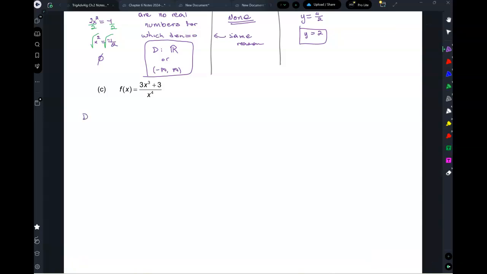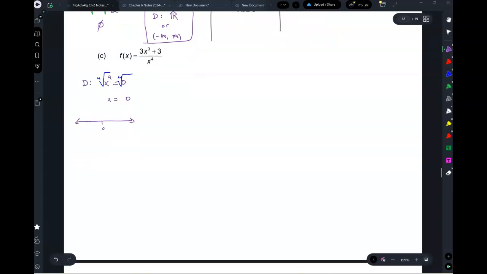Okay, here we go. Domain. What do we set equal to 0? X to the 4. So how much is x equal to? Basically, I take like a 4th root. So 0. So in my number line, x is 0 is where the denominator is 0.